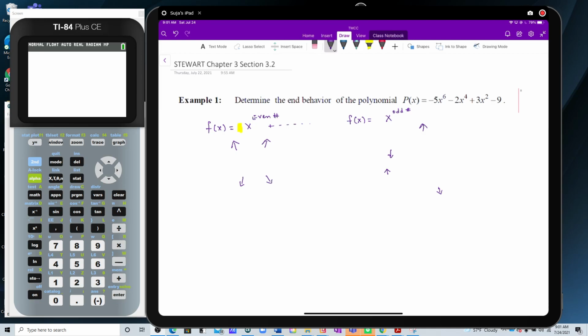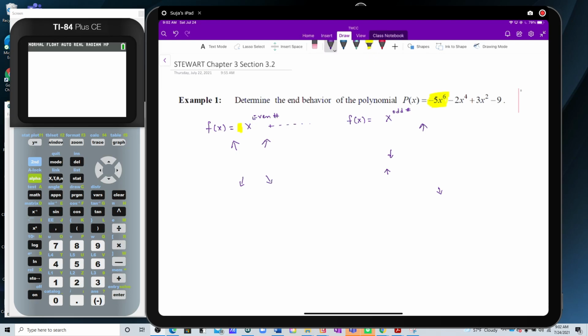So the question here is asking, determine the end behavior of the polynomial p of x equals negative 5x to the 6th minus 2x to the 4th plus 3x squared minus 9. So here, the end behavior is decided by this single term, the leading term.